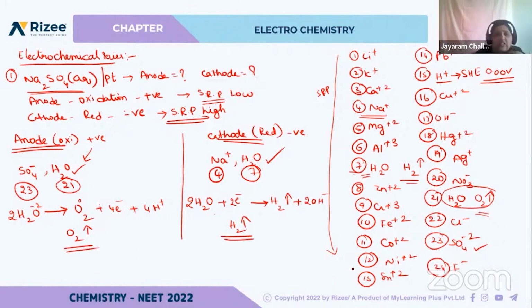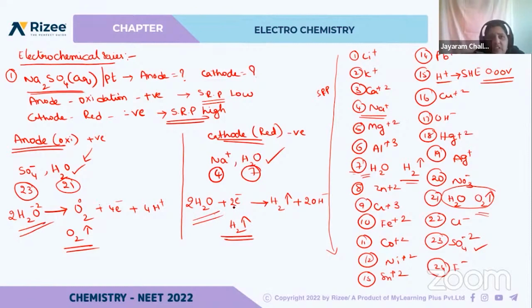See this magic. We are using Na2SO4 here. We are not at all discussing any water here. We are simply mentioning an aqueous solution of Na2SO4. But not Na or SO4 is going to oxidize and reduce. Water is going to oxidize and water is going to reduce.